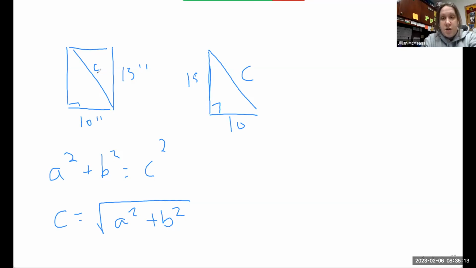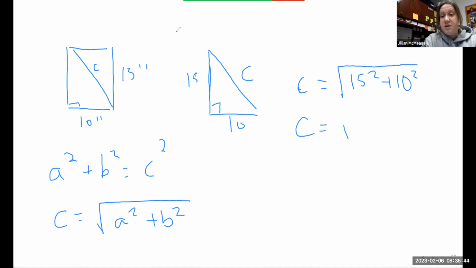So C equals 15 squared plus 10 squared, and then we take the square root of that.